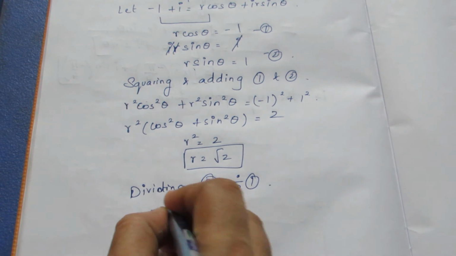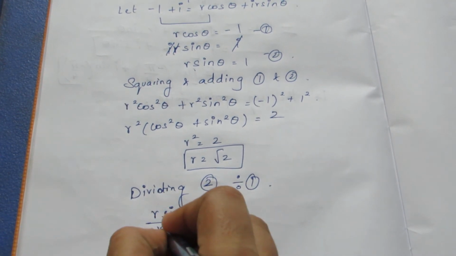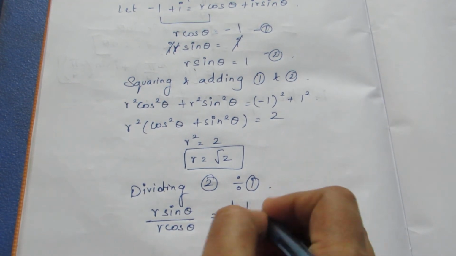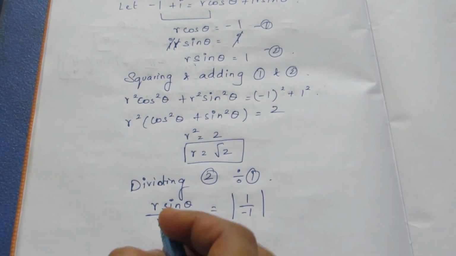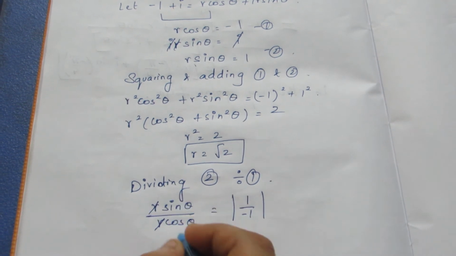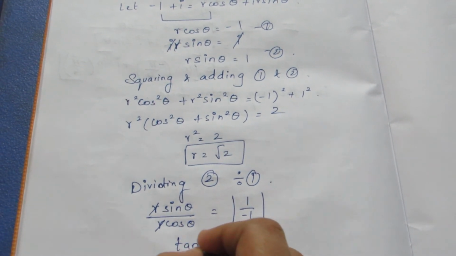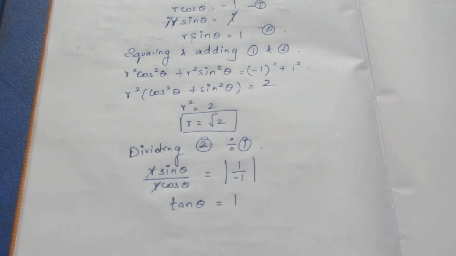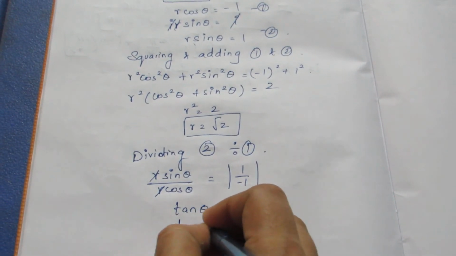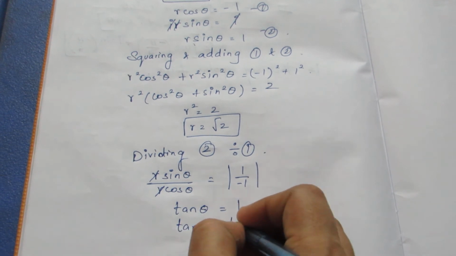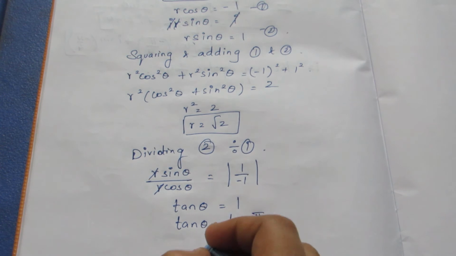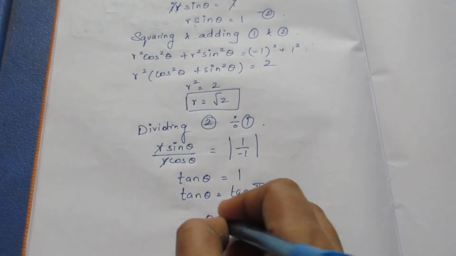So r sin theta by r cos theta is equal to, we take it in modulus, 1 by 1. Here r gets cancelled, sin theta by cos theta becomes tan theta and this becomes 1. We know that tan of 45 degrees, that is tan pi by 4, is 1. So equating, theta value is equal to pi by 4.